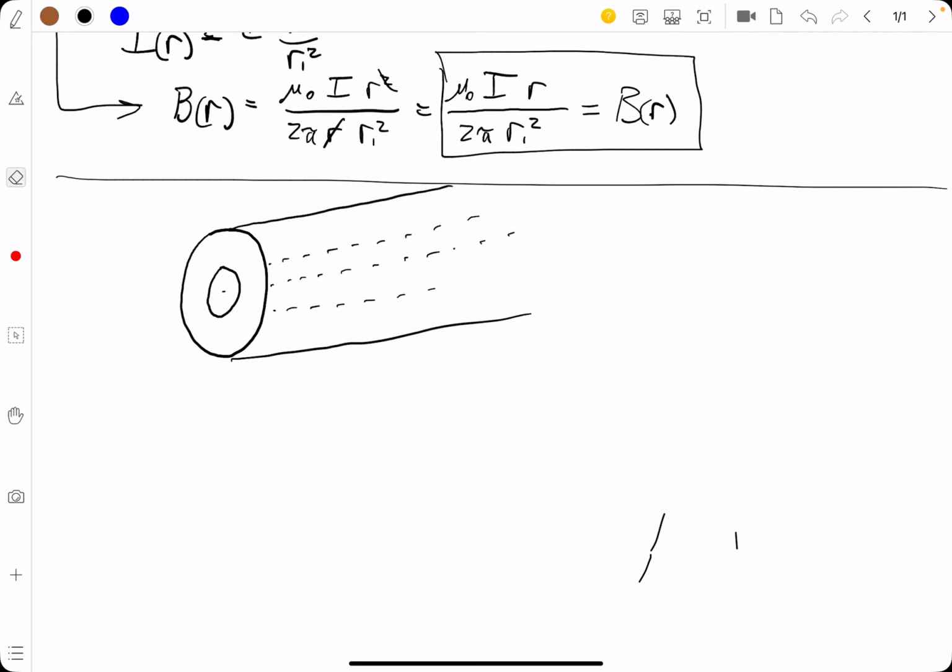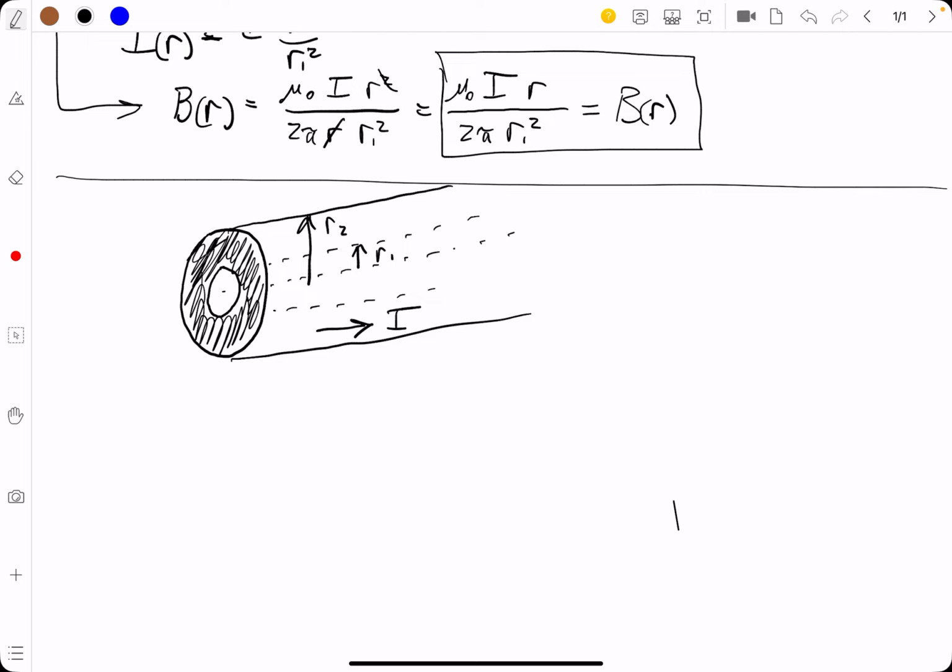Okay, so our center axis is right down the middle. We've got this R1 here. We've got this R2 here. And basically what we have is some metal with a hole in it. And only current is going through the metal. Okay, so on the inside, all that inside stuff is empty, right?